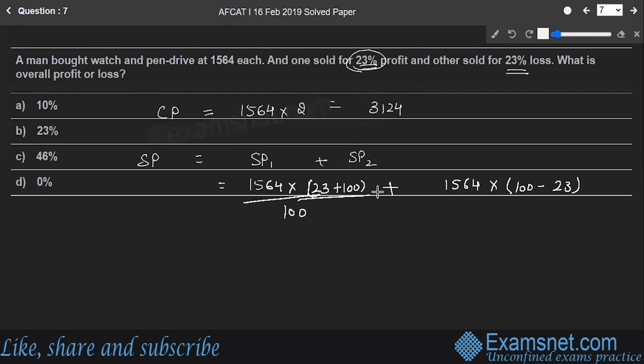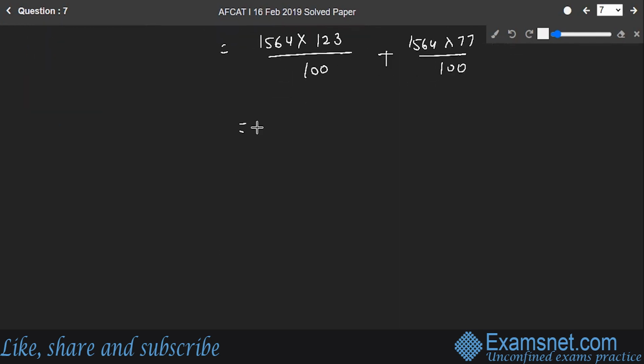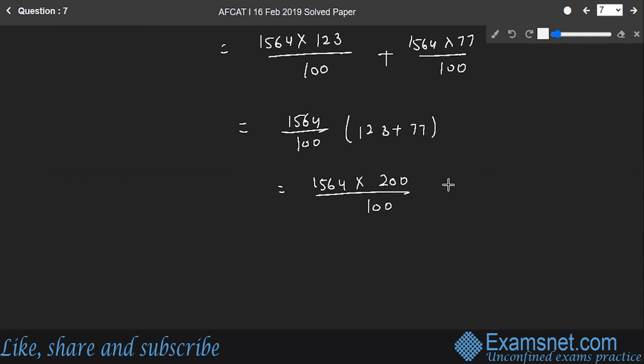This is a better approach to understand. This is 1564 into 123 upon 100, plus 1564 into 77 upon 100. So I'll take 1564 upon 100 common. This is equal to 1564 into 200 upon 100, which is equal to 3128.